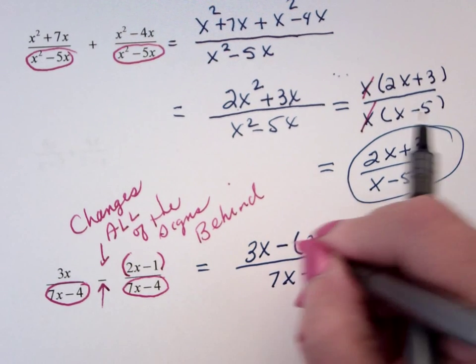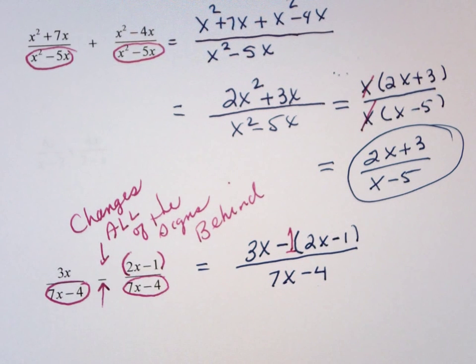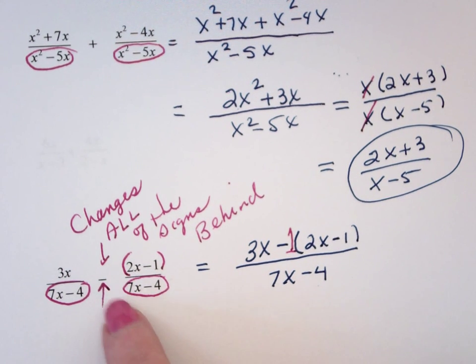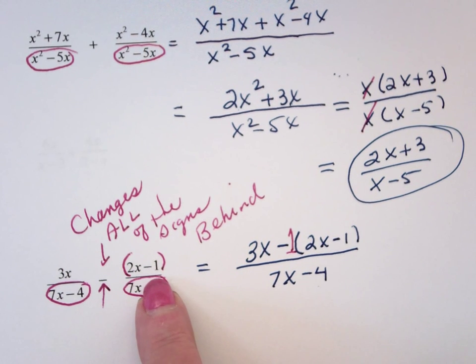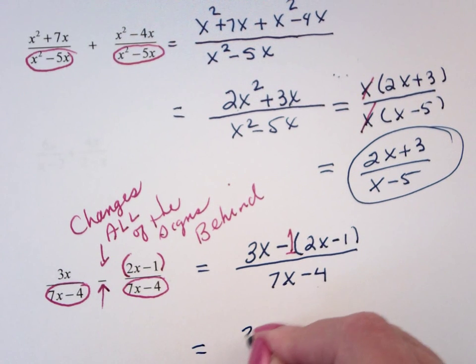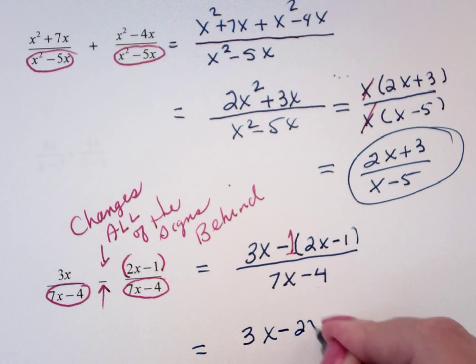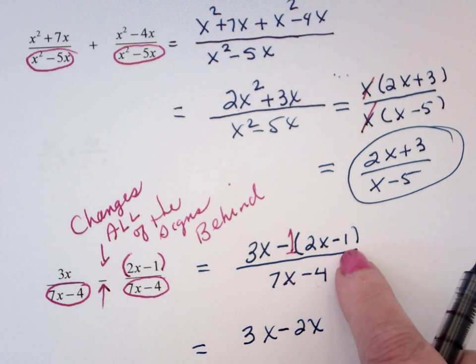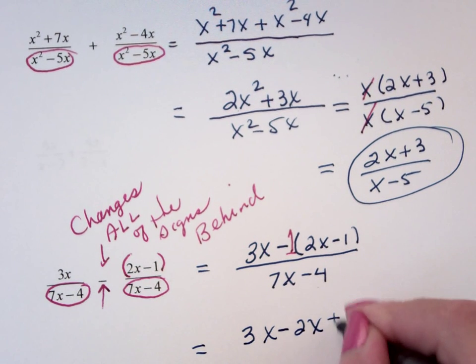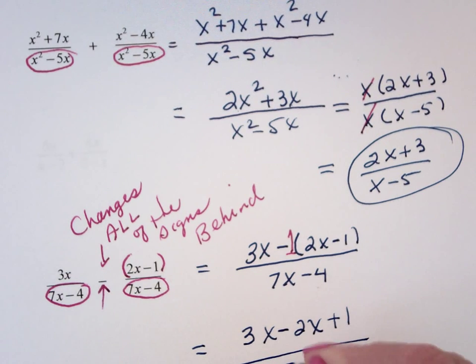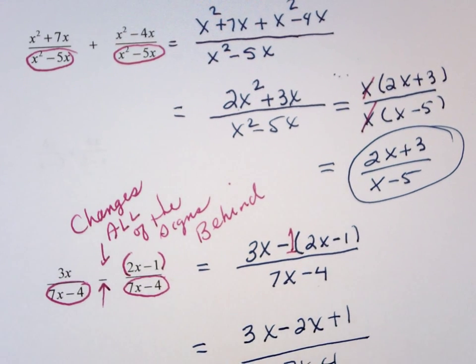Now remember, this is a 1 in front of there. And the reason why I don't do it in my head, and I put the parentheses in, is that that not only changes the 2x, but it also changes the minus 1. So this is going to become 3x, minus 1 times 2x is minus 2x, minus 1 times minus 1 is plus 1 over 7x minus 4.